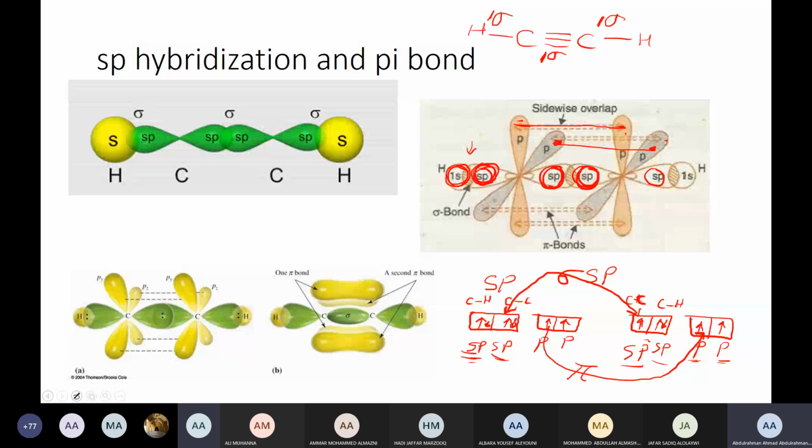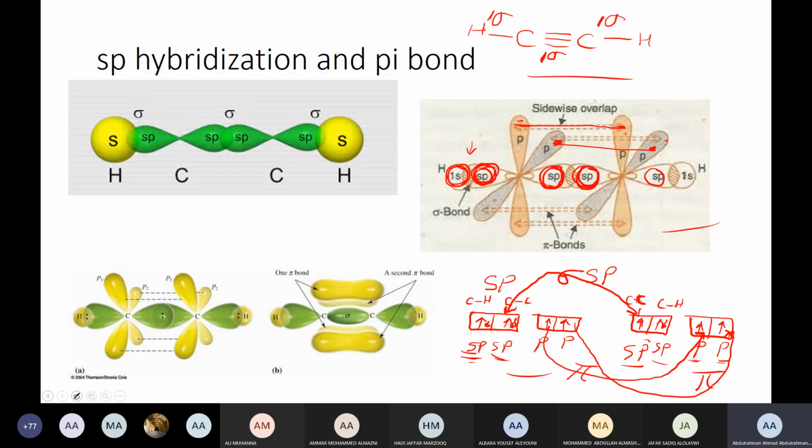Also pi. The other pi bond. So we have two pi bonds and two sigma bonds, and we can draw all these things in shape, in boxes, in orbitals. You should be able to do all these things. I hope this is clear.